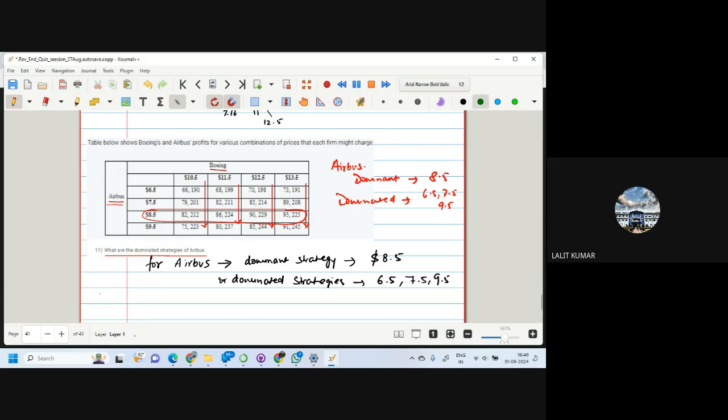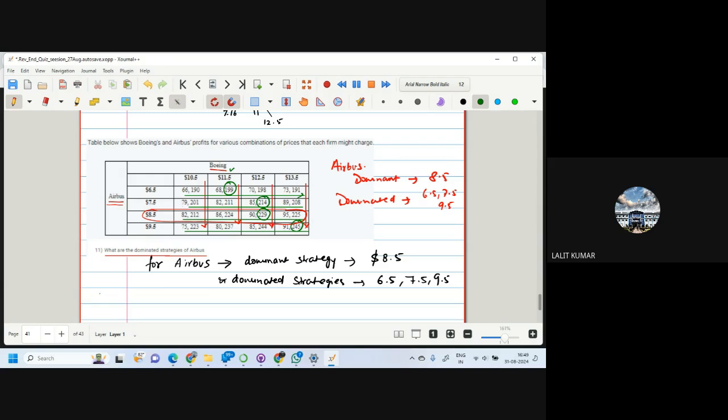And now when we come to Boeing, we have to keep on checking here row wise. So in this case here, dominant is 199, 11.5. Here 2111, here we see 12.5. Here we see 229. Here we see 13.5.